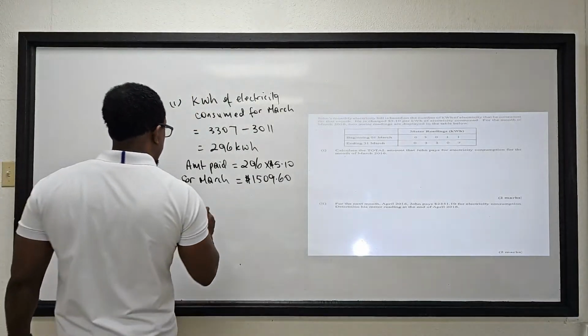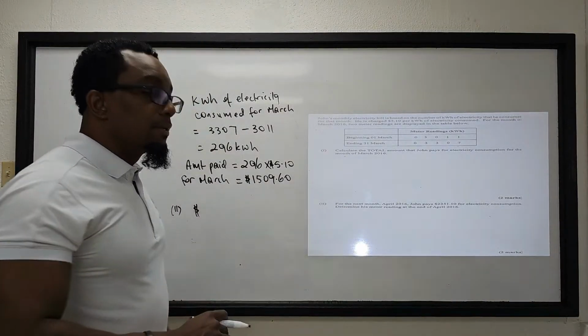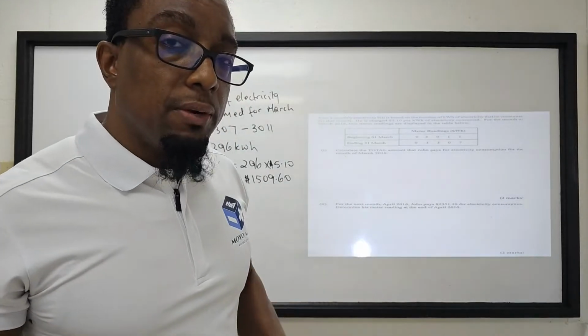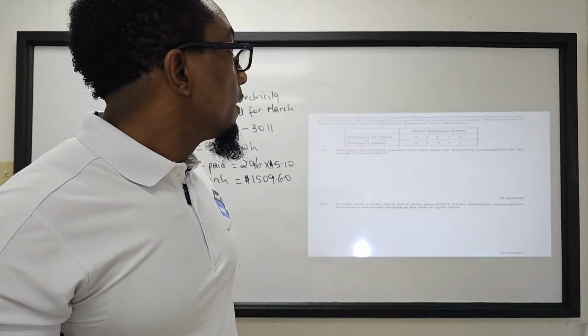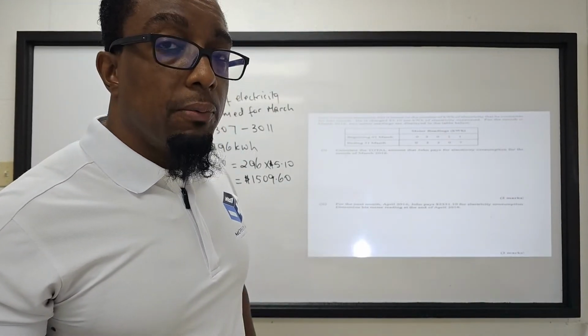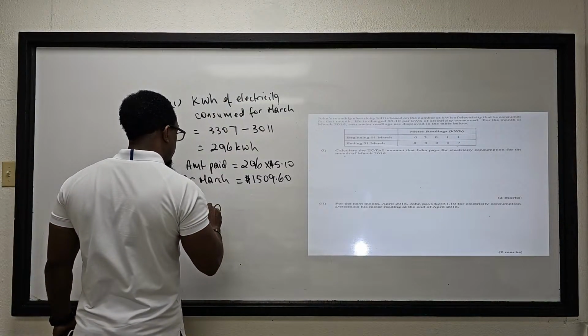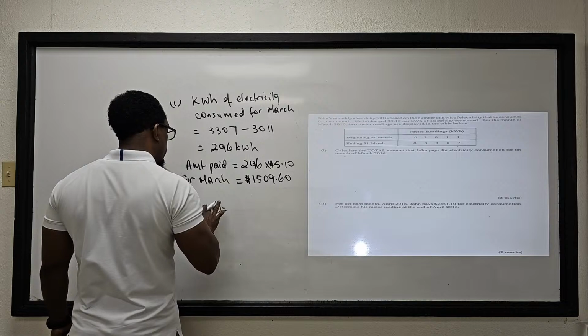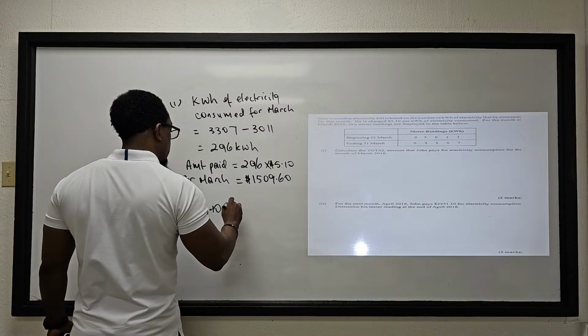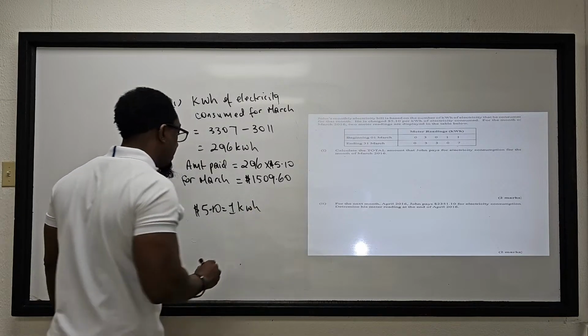So again, we set up our simple proportional relationship between the cost per kilowatt hour, so $5.10 is equal to 1 kilowatt hour.